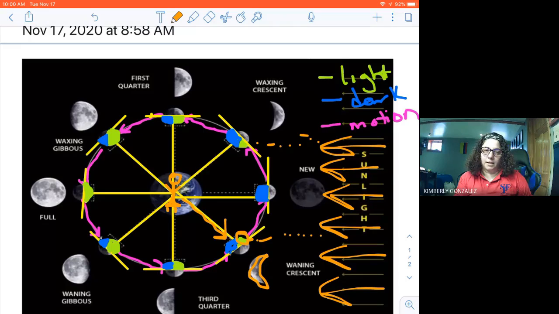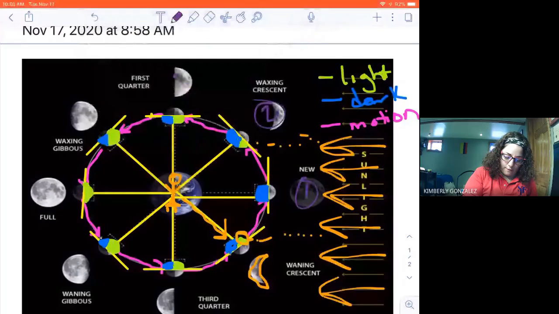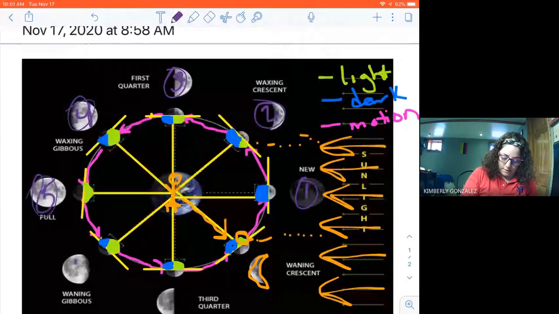Okay, do you guys kind of get that? Yes. Okay, so it's going to be your responsibility to be able to, I can give you a diagram like this and then say to you, okay, if I labeled this, let's go with position 1, 2, 3, 4, 5, 6, 7, 8.